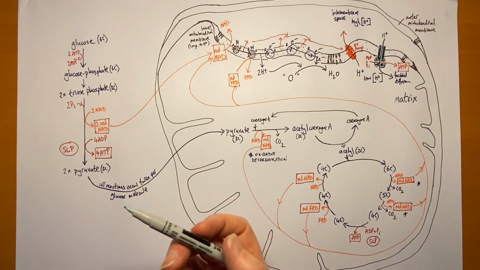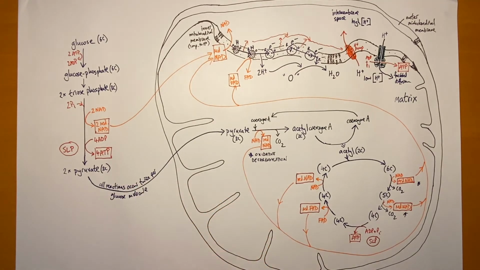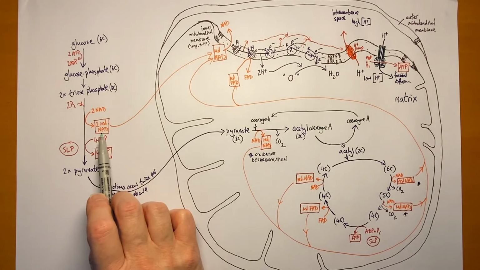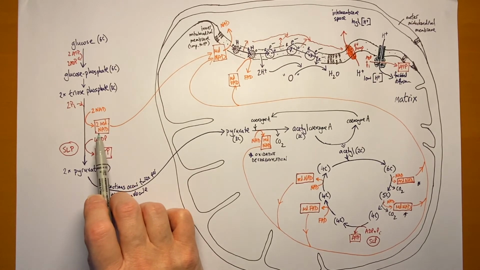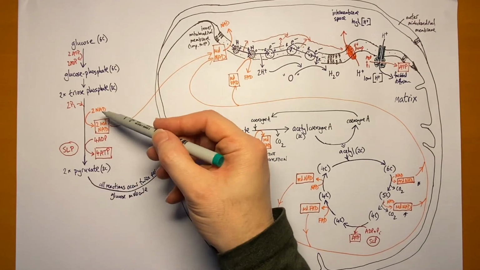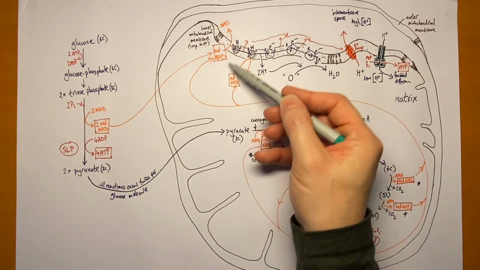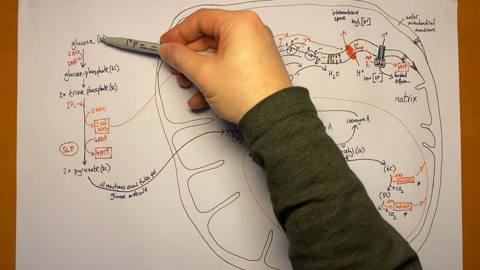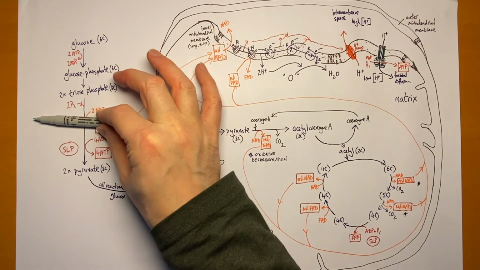So, what happens? Well, what we need to do is to make more NAD, because if aerobic respiration is taking place and suddenly stops, we're basically going to run out of NAD. And if we run out of NAD because it can't be recycled, then glycolysis reactions will stop there.